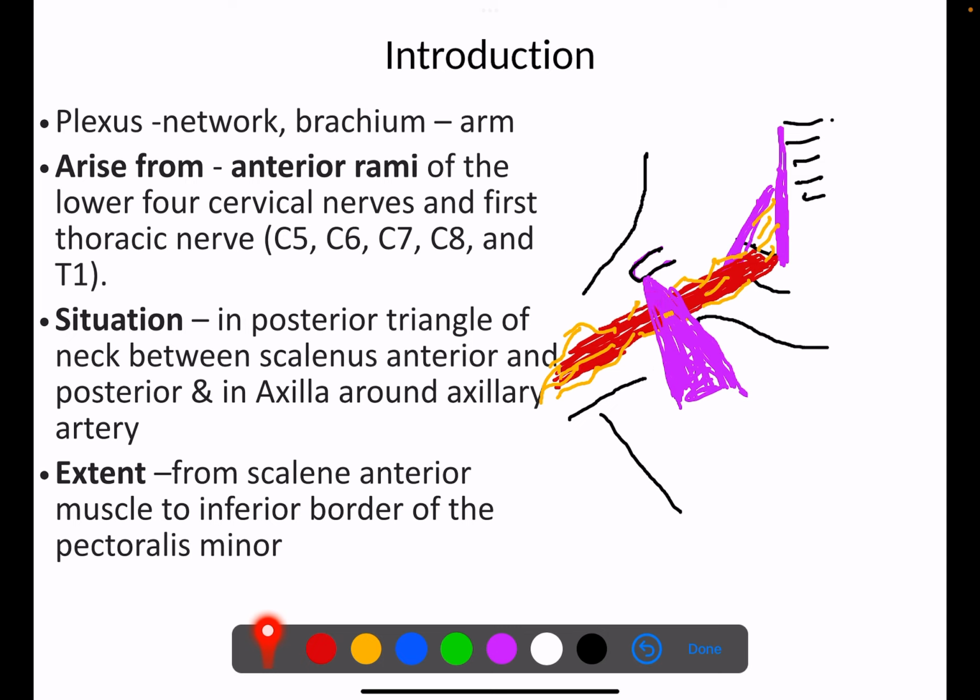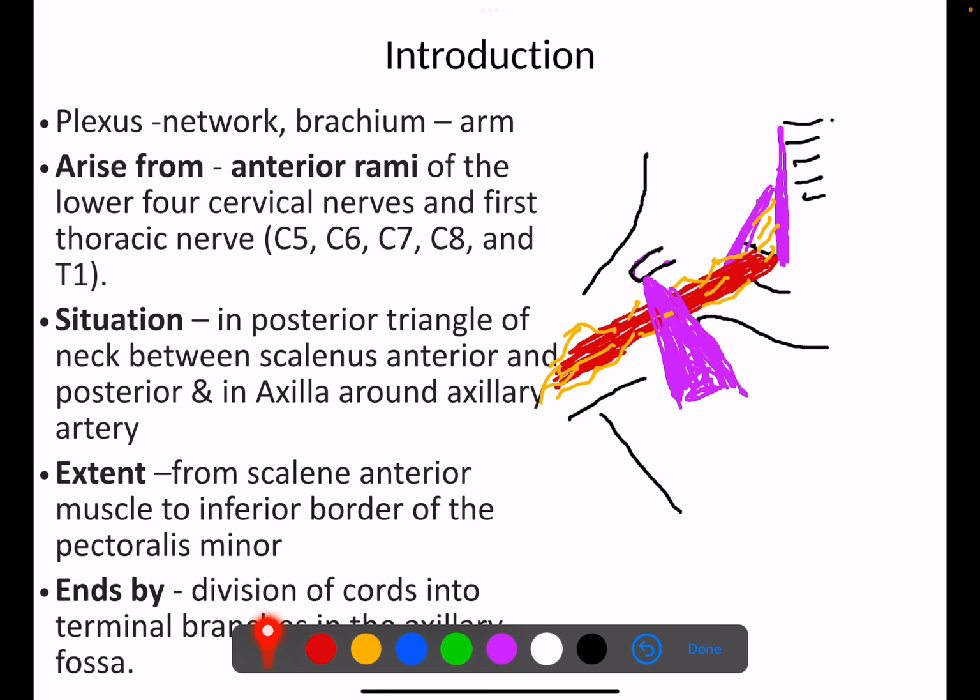So from this posterior triangle of neck, which is the supraclavicular part, it extends till the lower border of pectoralis minor, where it divides into various branches, and ends by division of cords into terminal branches in the axillary fossa.